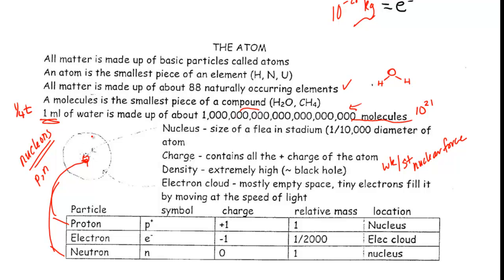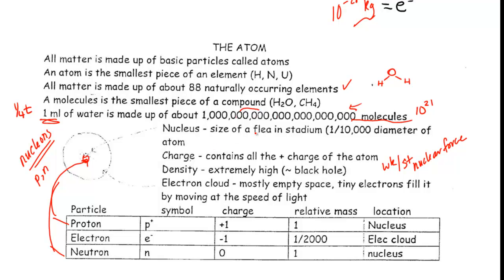Now, when I think of an atom, I think sort of as a Nerf ball, something that doesn't have a hard shell, but you can sort of change the shape of it a little bit. But that atom is composed of a nucleus, which is extremely tiny.